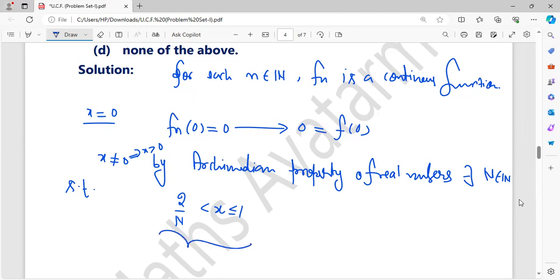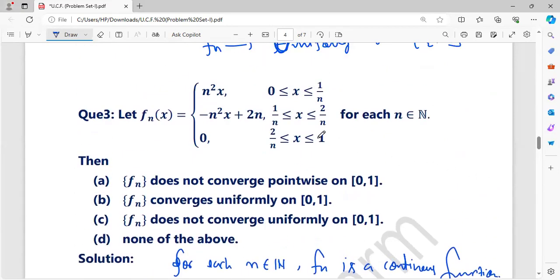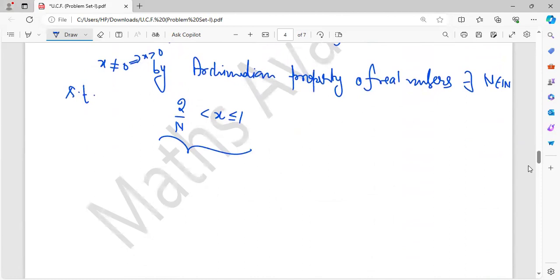So by the definition of f_n(x) in this interval, we have, for all n greater than or equal to capital N, this implies 2/n.